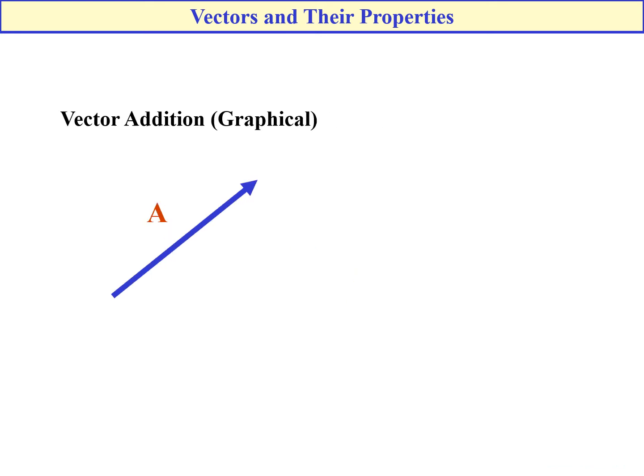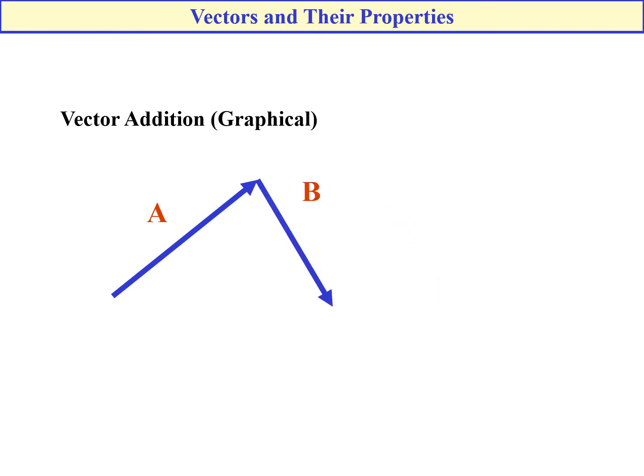All right, so graphical addition of vectors. When we have two vectors, we can add them together. To graphically add them together, we use what we call the head-to-tail method. We have our first vector A and our second vector B. We take the tail of B and put it at the head of A, as long as we don't change the direction, we simply move it over.